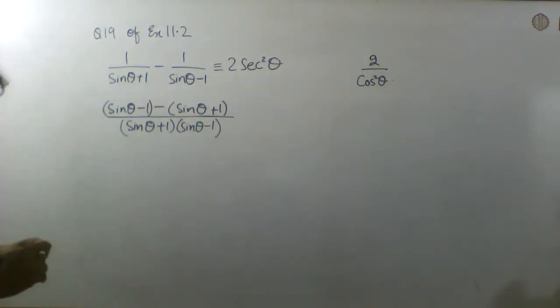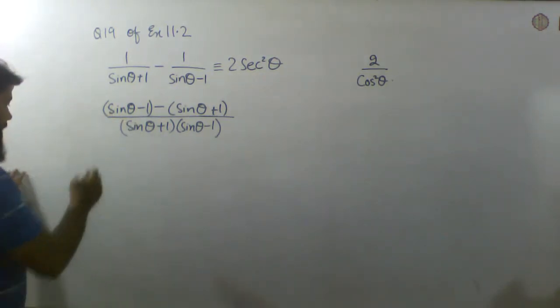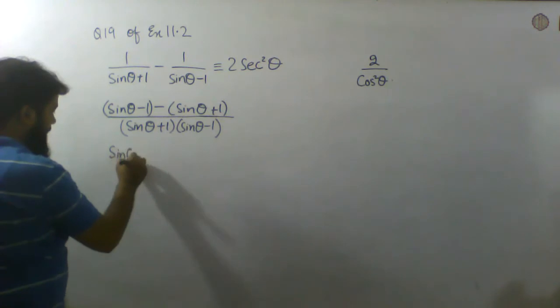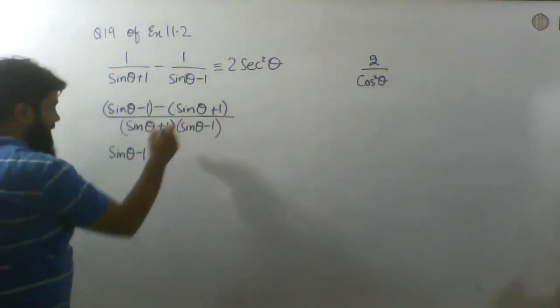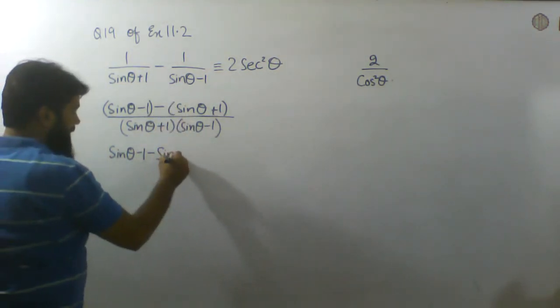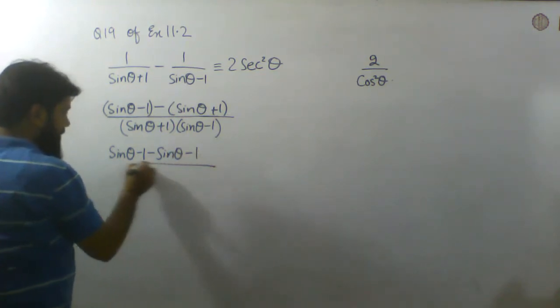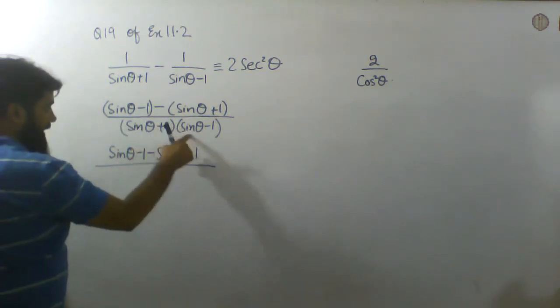Okay, when I simplify, first of all, the numerator is sine theta minus 1 minus sine theta minus 1, upon multiplying these two.